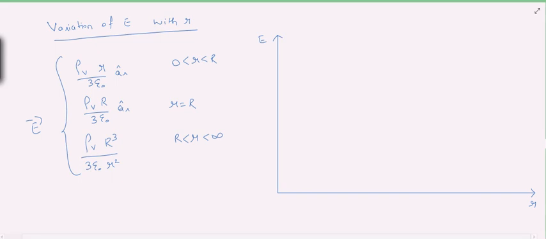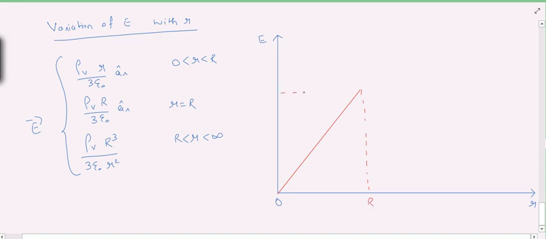So let us plot. When the radius begins from 0 to R, it is varying directly proportional with the radius of the Gaussian surface. So if I plot this, it will go linearly increasing up to some maximum value, till it reaches the radius of the sphere.